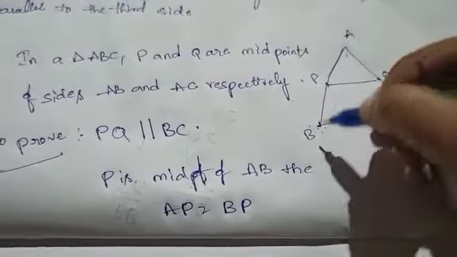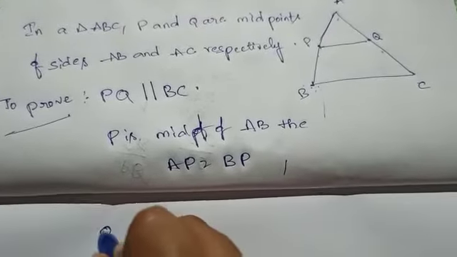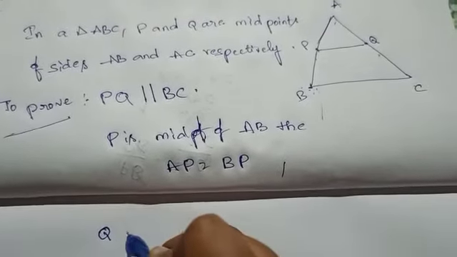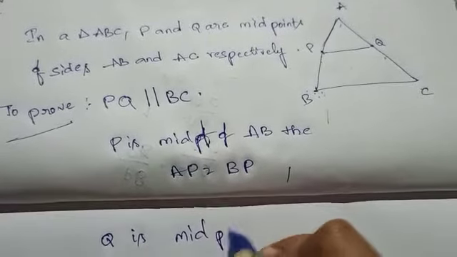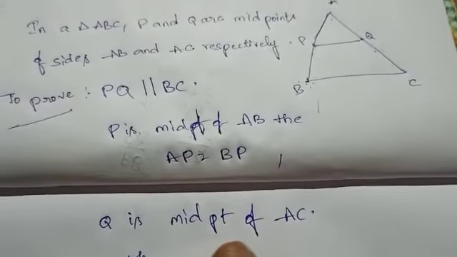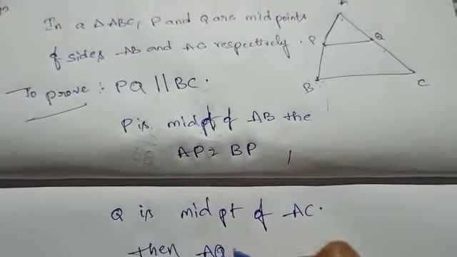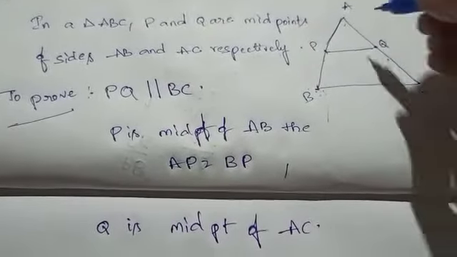In the same way, Q is midpoint of AC, then AQ equal to QC. Q divides AC in equal parts.